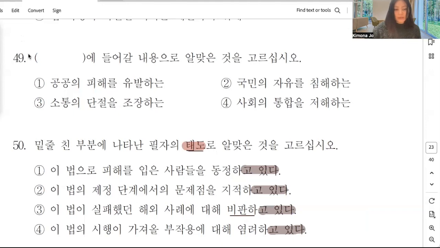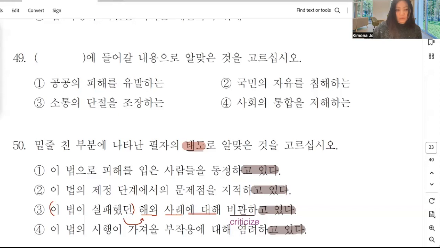이 법이 실패했던 해외 사례에 대해 비판하고 있다. The writer is criticizing. 자, 비판하다, criticize. The writer is criticizing 에 대해 about 해외 사례, abroad cases that had failed.